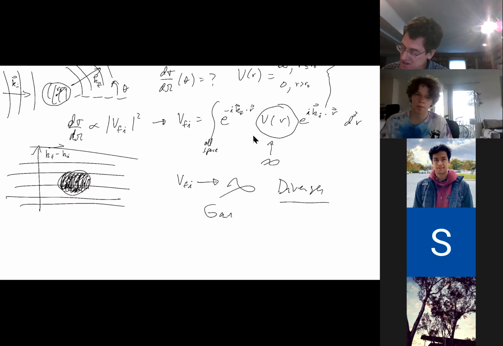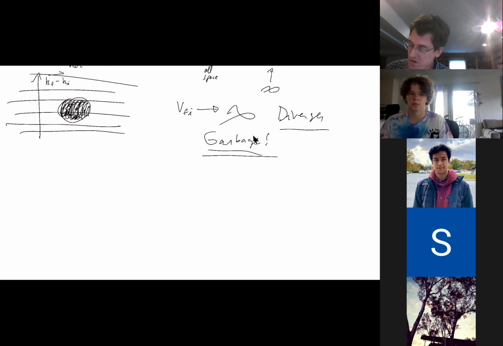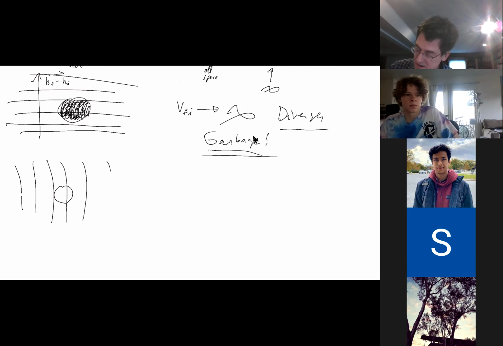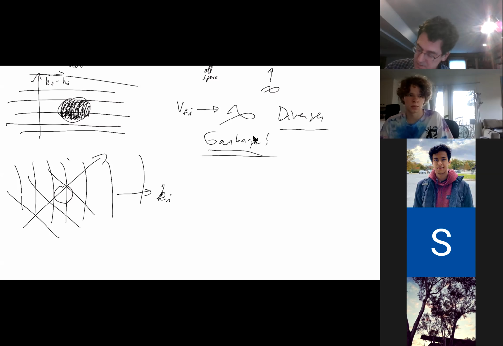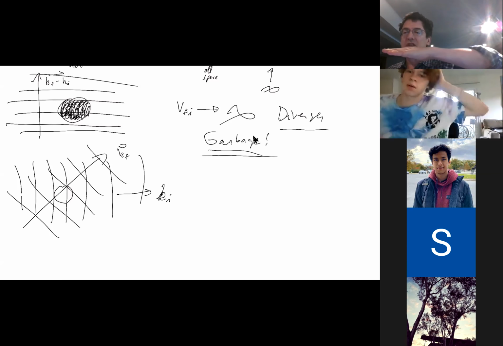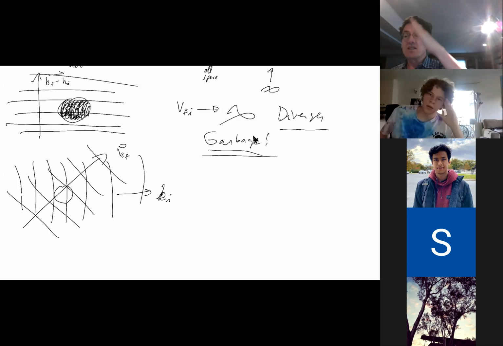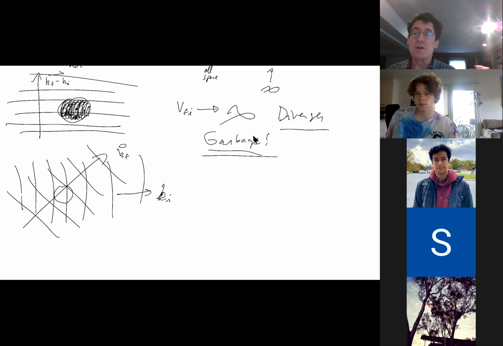And that is basically just telling you that your approximations failed. Your approximation was that to get the Born approximation, you were basically saying I have a plane wave coming in, that's my initial state, and then I have a plane wave going out, that's my final state. And I'm just having sort of perturbation theory transitions from one state to the next. And so something is really going wrong with this approximation.